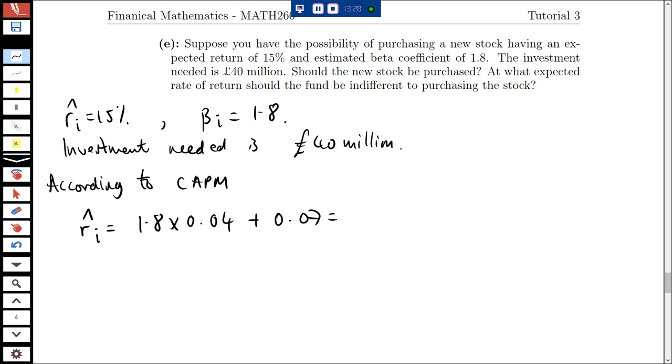So we should get an expected return of 14.2%, and actually the question suggests that we have a return of 15%. The model is saying we should get 14%, so the asset is underpriced.